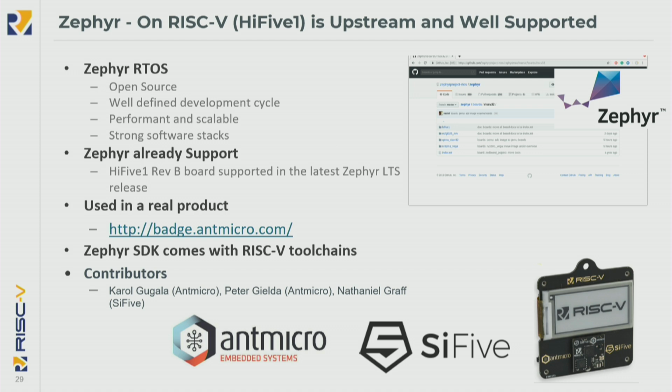One great thing about Zephyr is that their SDK allows anyone to use it relatively easily. The benefit there is that it actually comes with the RISC-V toolchain, so you don't need to build the compiler and all the necessary toolchain yourself.